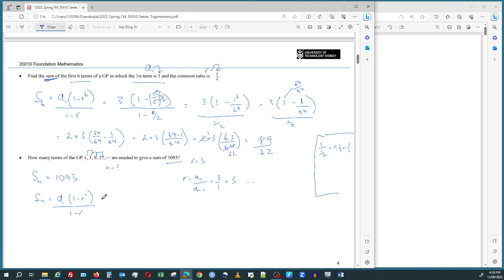Alright, so for this one here, what we're going to do is we've already been given 1093. We have r, and we're looking to get that in. Okay, so we get 1093.